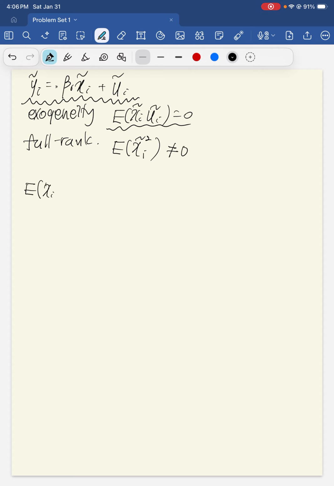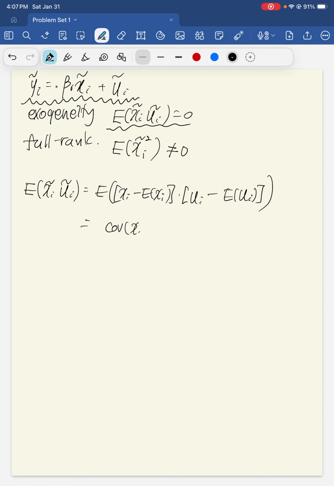Expectation of xi tilde ui tilde is expectation of xi minus expectation x, times, excuse me, ui minus expectation of ui. Remember, this is the definition of covariance between x and u, and we already assumed it is 0.